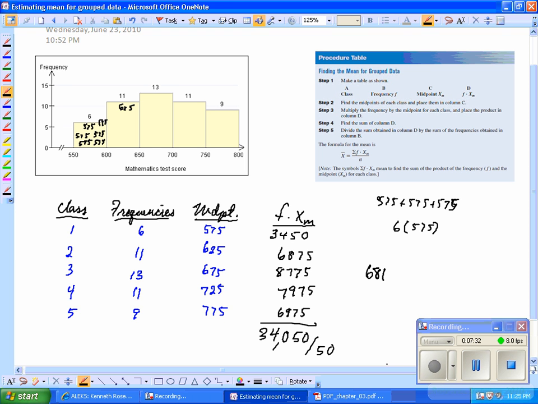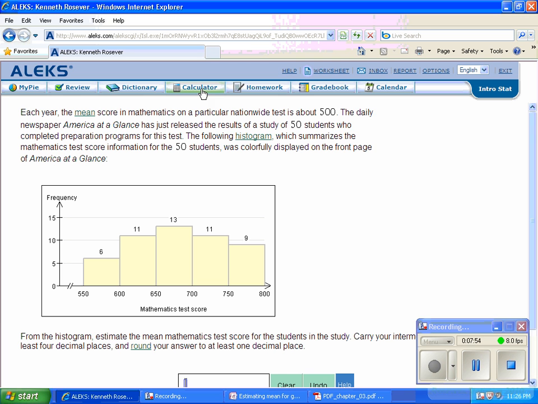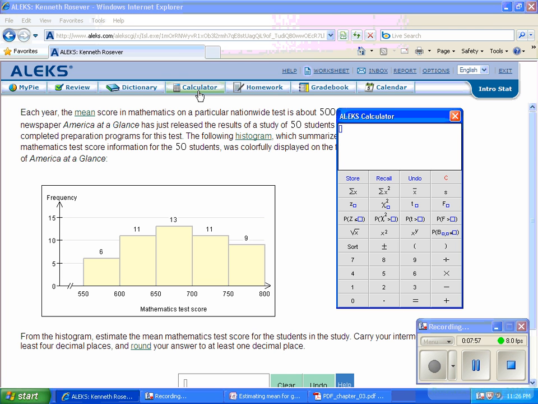You don't actually have to use this column method if you just remember what I said at the beginning. You do the midpoints times the frequency, all added together, the sum of the midpoints times the frequency divided by n. If you can remember that formula, you'll be pretty good. Let me go back to Alex, and I'll show you how to do it using the Alex calculator. In the Alex calculator, we can quite simply use a large parenthetical statement for the numerator, which is the sum of all the frequencies times the midpoint.